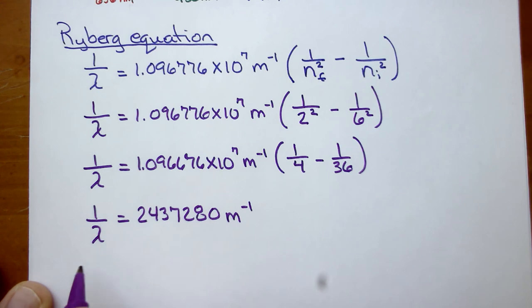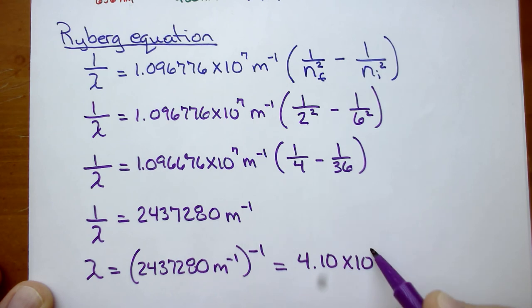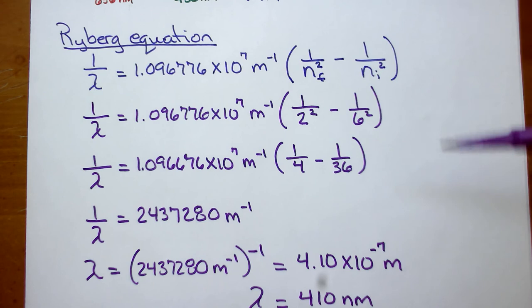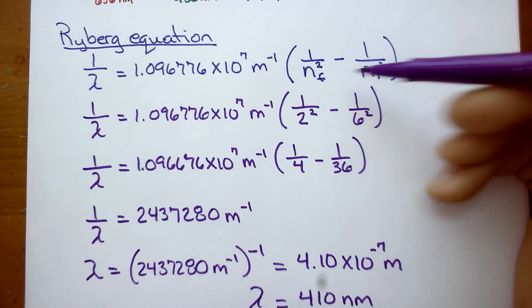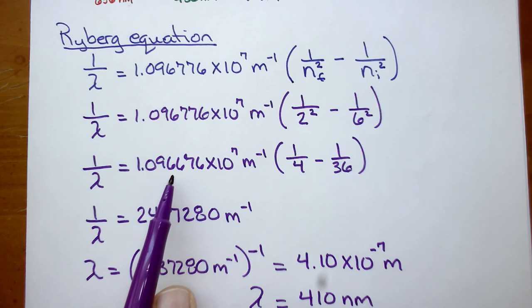So lambda would be the inverse of 2.43728, which would equal 4.10 times 10 to the negative 7th meters, which would convert to 410 nanometers. And so he was able to show that these wavelengths are a difference in these integers times this constant that he came up with.